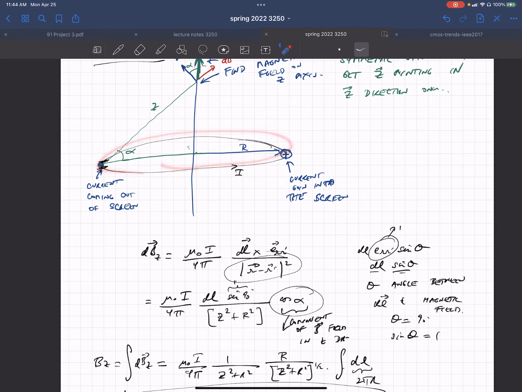If the current was going in the other direction, it would be pointing straight down. One way to remember that is the right-hand rule.